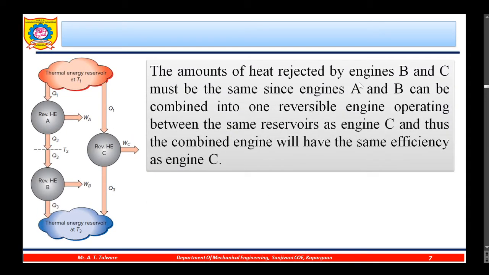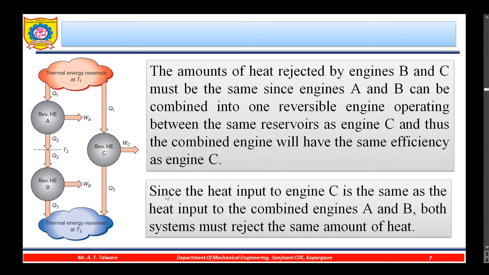The amounts of heat rejected by engines B and C, this Q3 and Q3, must be the same, since engines A and B can be combined into one reversible engine operating between the same reservoirs as engine C, and thus the combined engine will have the same efficiency as engine C. Since the heat input to engine C is the same as the heat input to the combined engines A and B, both systems must reject the same amount of heat.